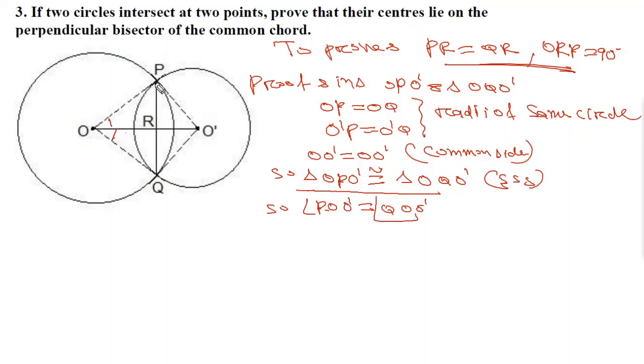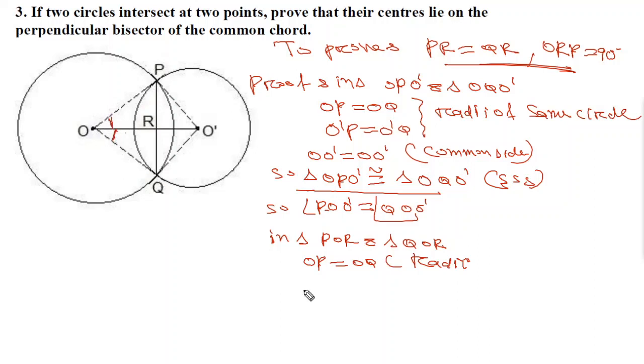Now we will take these two triangles, POR and QOR. Now in triangle POR and triangle QOR, we have OP equal to OQ. Why? Radii. Then angle POR is equal to angle QOR.